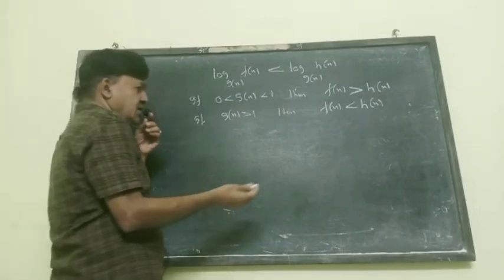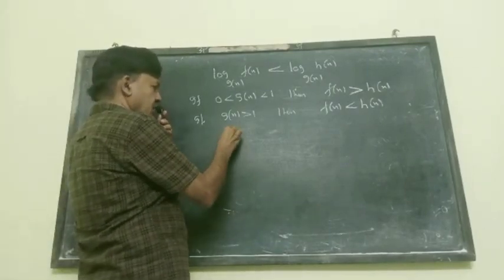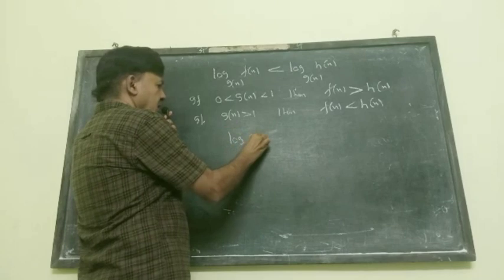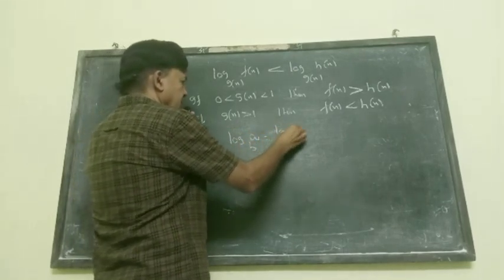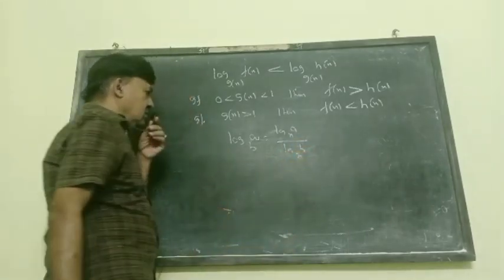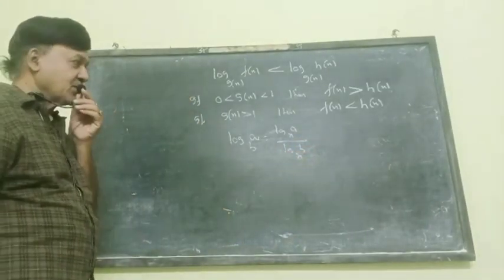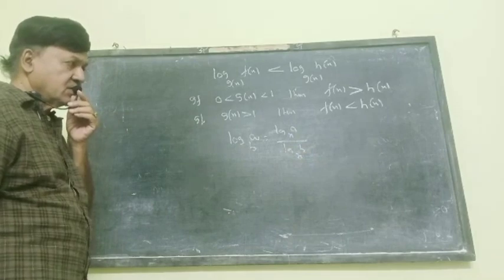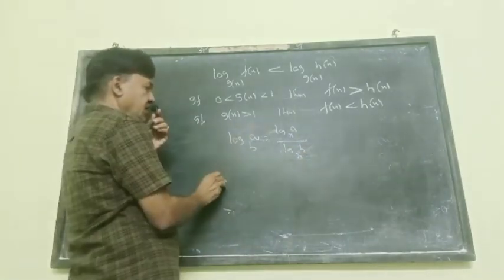Next, I think change of base rule. Log a to base b is equal to log a to base x by log b to base x. Right? Which is called change of base rule, of course. To any base you can write.